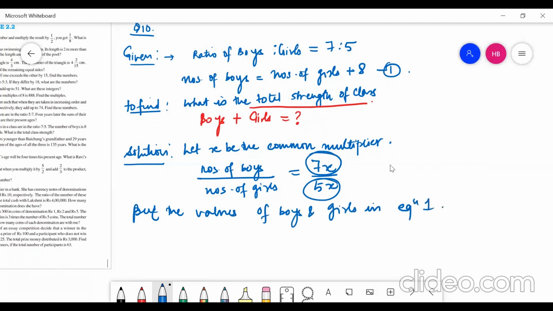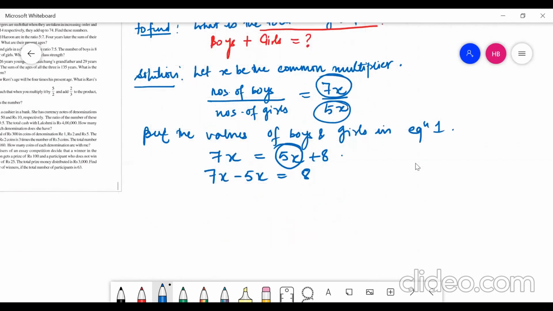If I do that, it will become number of boys 7x is equal to 5x plus 8, right? Now we want variables on one side and constants on the other side. So I'm going to take 5x to the other side of the equation. Here it is an addition. If I take it to the other side of the equation, it will be subtraction. So it will be 7x minus 5x is equal to 8, right?